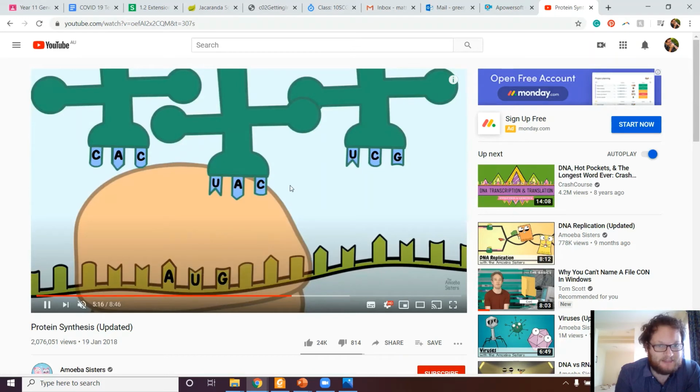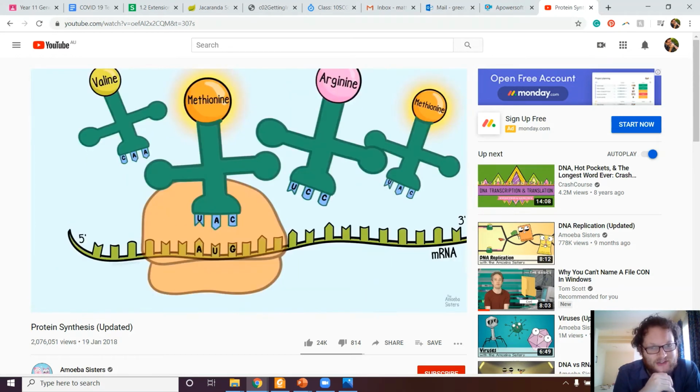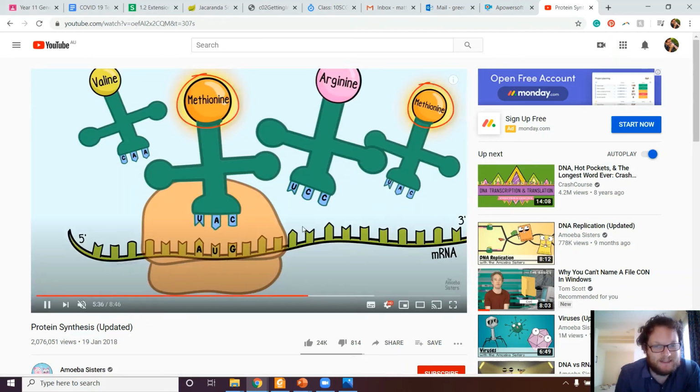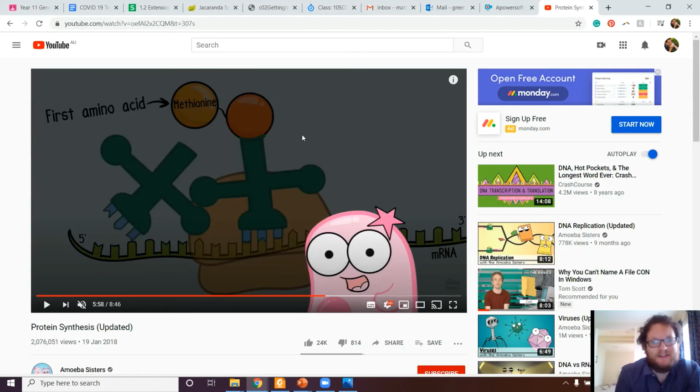I like this picture here, so they fly in and only one will fit. So you can see that only the UAC will fit onto that AUG, and then that will release a specific kind of amino acid. And if I look at this part, the next one will join to that original amino acid, and it will just build up the structure like I showed you in that last video.